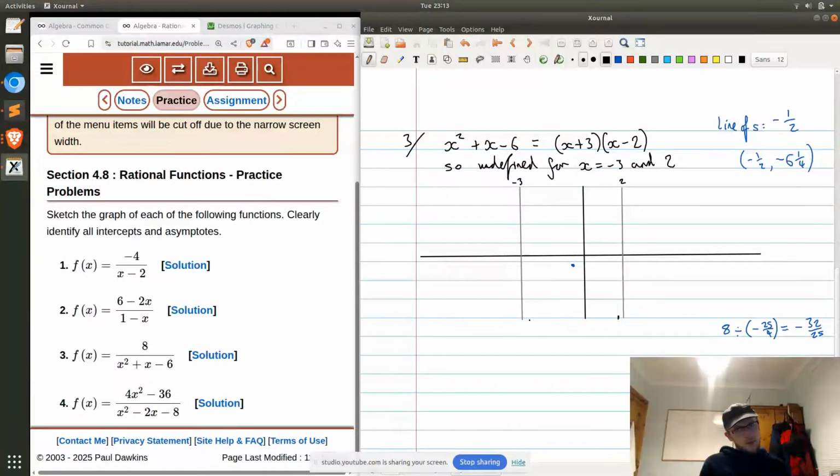Same thing for this. That's me getting really close to 2, and then if I get really close to negative 3 from the right, let's just say negative 2. Okay, square that, I get 4. 4 take 2 is 2, and then 2 take 6 is negative 4, and 8 divided by negative 4 is negative 2. I do think that it's actually doing this.